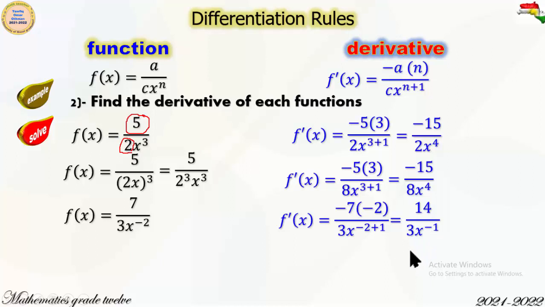Because you have a negative power, you must make it positive, then take it from the denominator to the numerator. It becomes 40 over 3x.